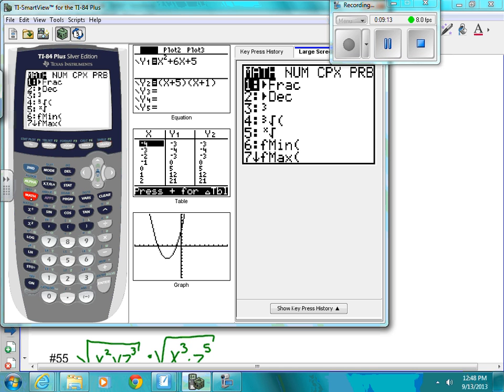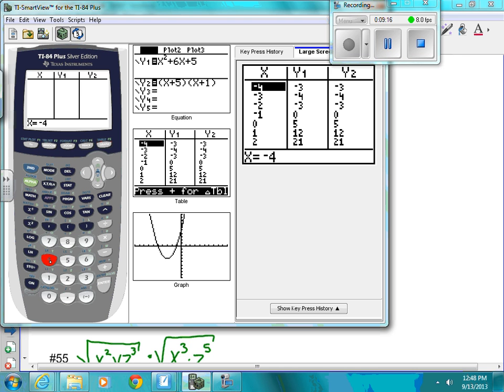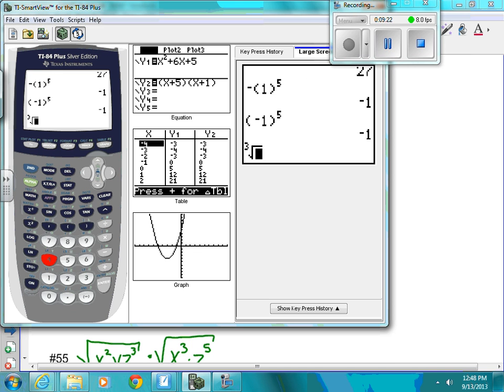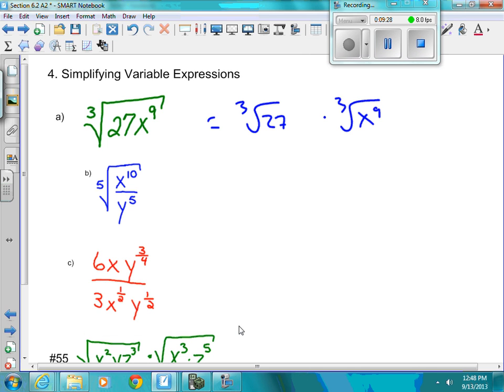Math, if I go down to 4, it's cube root. Cube root of 27. Could make a list of perfect cubes, which we did on the last slide. That's 3. So this is really 3 times the cube root of x to the 9th.